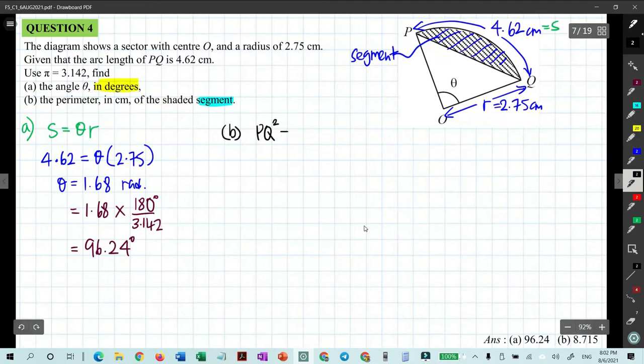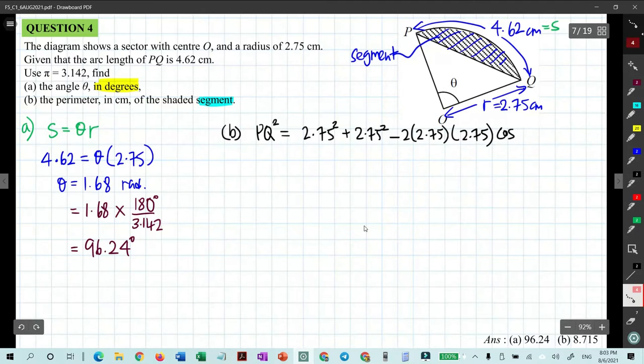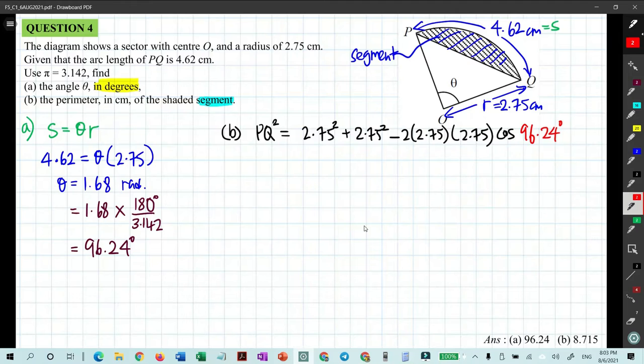PQ square is actually equals to 2.75 square plus 2.75 square minus 2 times 2.75 times 2.75 cos the angle that's subtended by these 2 lines, PO and OQ, and that angle is actually theta, and the value of theta is 96.24. Let me explain how actually we get this.